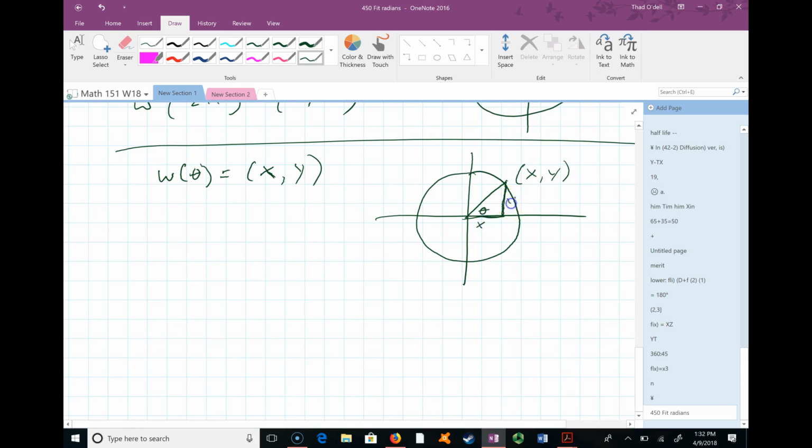That's x and that's y. The lengths of the triangles, the sides of the triangles, give us those coordinates. So we learned about the 30, 60, 90 right triangle and the 45, 45, 90 right triangle. And we have to memorize those values, and we use them to find these coordinates.